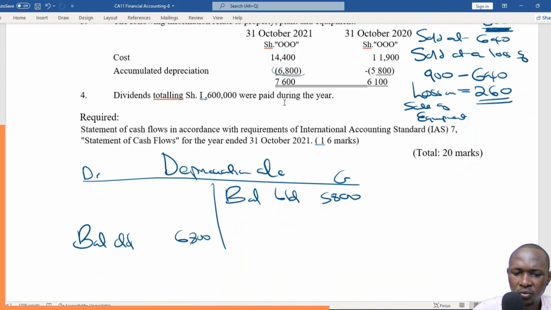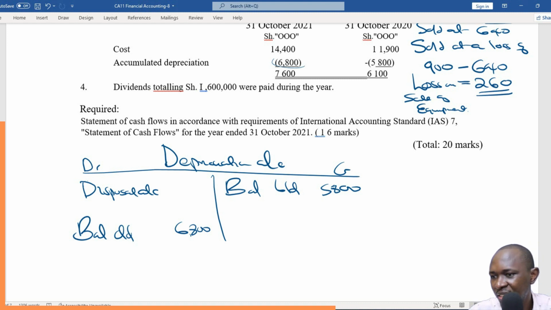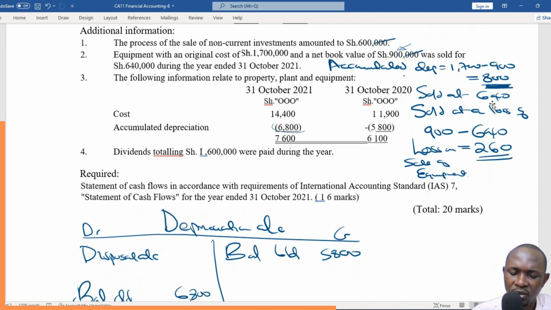So let's just do the depreciation for this particular equipment here. Actually, it will come from the disposal account, because we are going to open a disposal account. So we'll say disposal account. For that particular equipment that we've sold, the depreciation is 800. So we will, of course, credit the item with 800, and then we debit the depreciation account with 800.